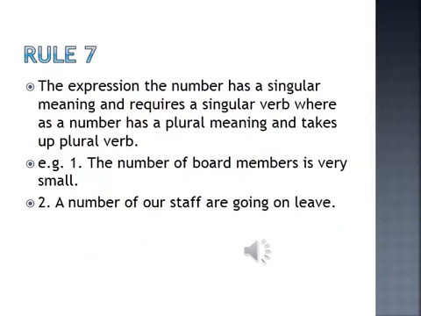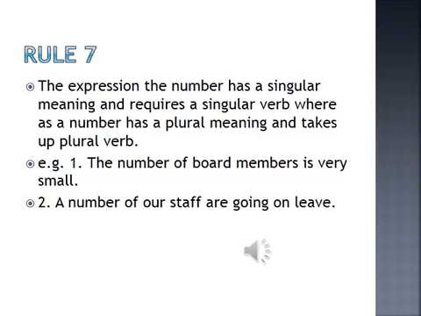Rule number 7 of spotting the errors. The expression the number has a singular meaning and requires a singular verb, whereas a number has a plural meaning and takes a plural verb. Now you have to remember the number of and a number of. If the number comes, then the verb has to be singular.